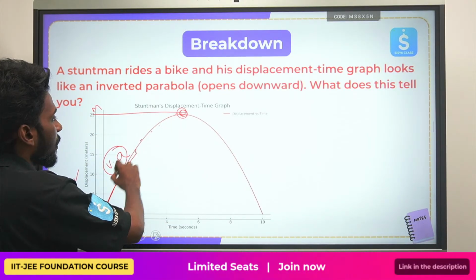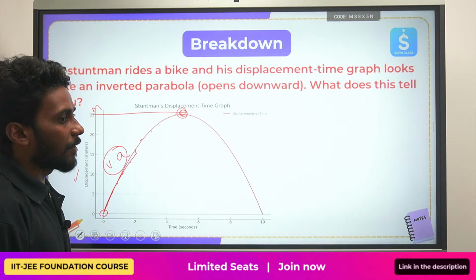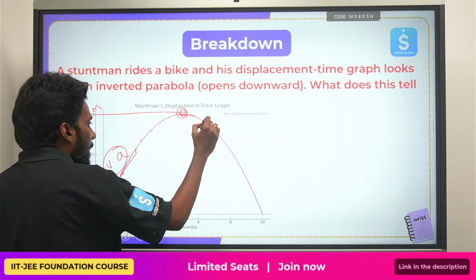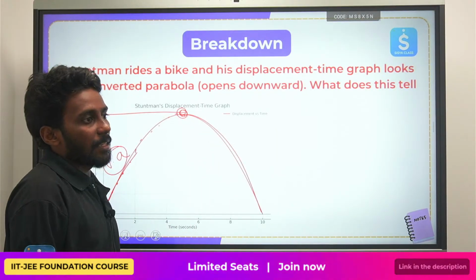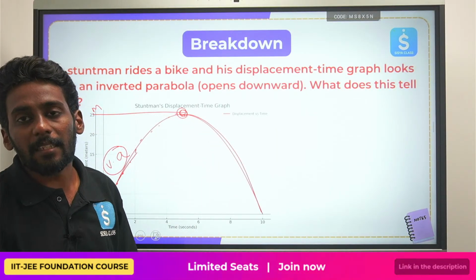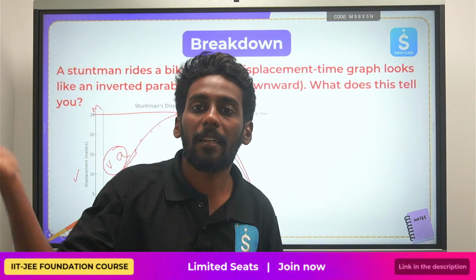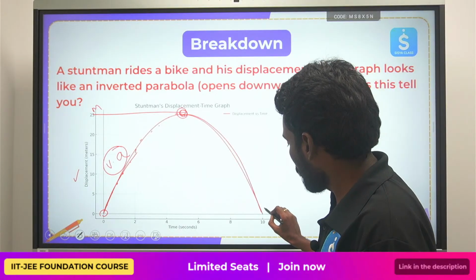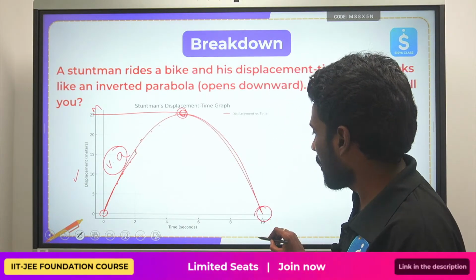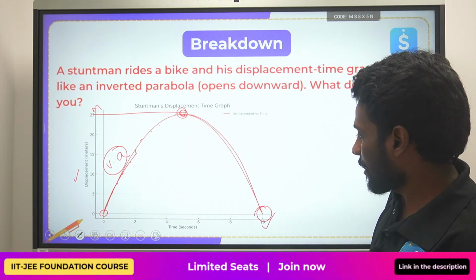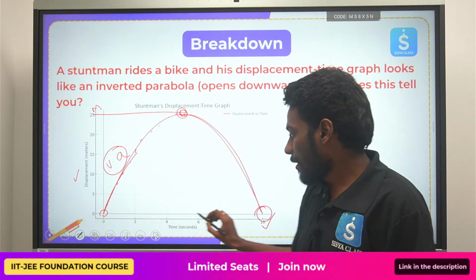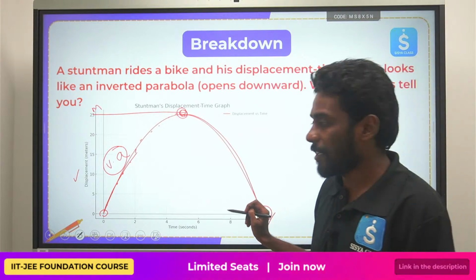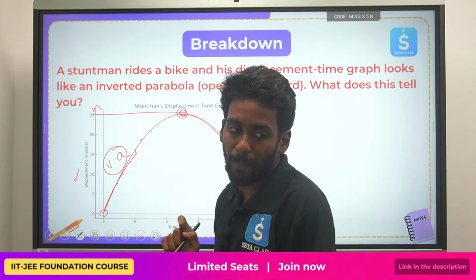So after reaching the 25 meter mark, what happened? The curve again went downward, right? When the curve is going downward, it means the stuntman's motion is in the reverse direction. The stuntman is again coming backward to his original position by the end of the 10 seconds. So this is what this curve means.